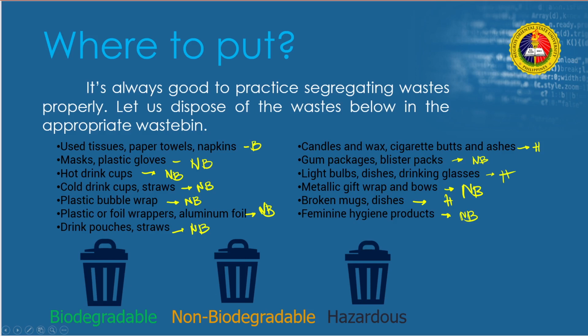Since we know how to differentiate these types of waste, I think it would be easy for us to differentiate the different data types that we'll be discussing later on.